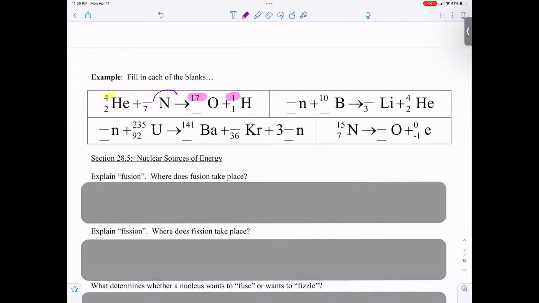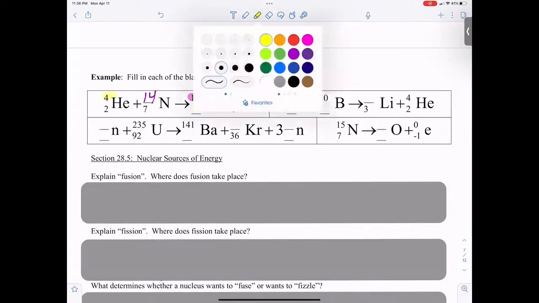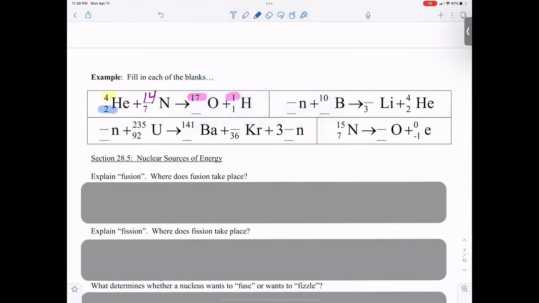That means the nitrogen here has a mass number of 14. 14 plus 4 is 18. 17 plus 1 is 18. Similarly, we get the atomic numbers to balance as well. We've got 2 plus 7 would be 9. We have 1 over here. That leaves an 8 for that isotope of oxygen.